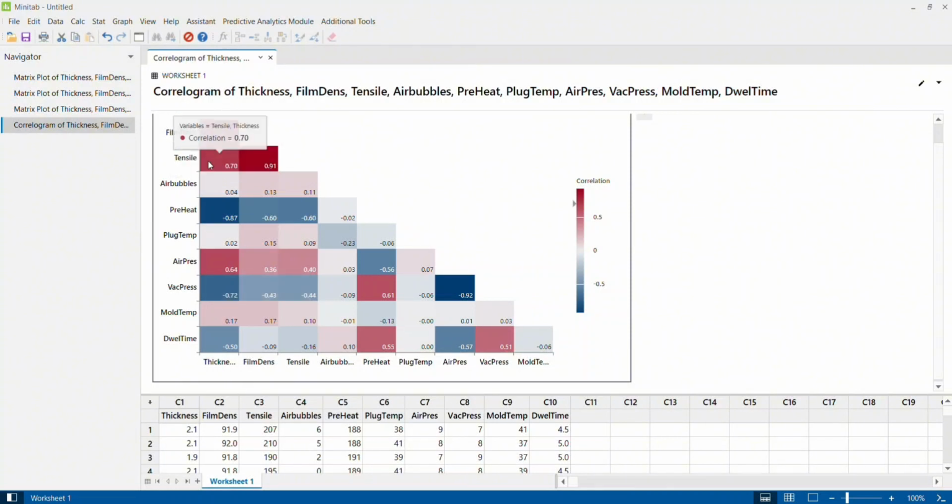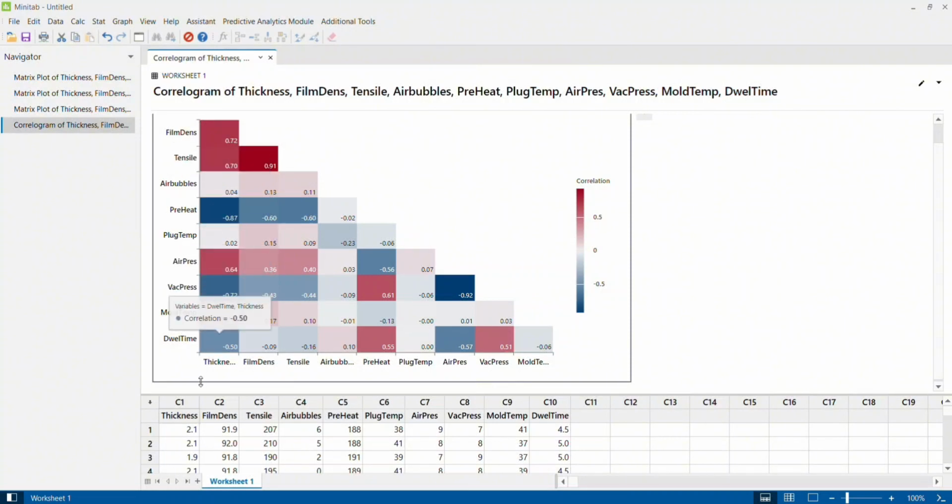Thickness and tensile strength, you get a strong positive correlation. Thickness and air pressure, not strong, weak, because it is 0.64. Whereas on the negative side, thickness and preheat have a strong negative correlation, and thickness and vacuum pressure also a somewhat weak correlation.